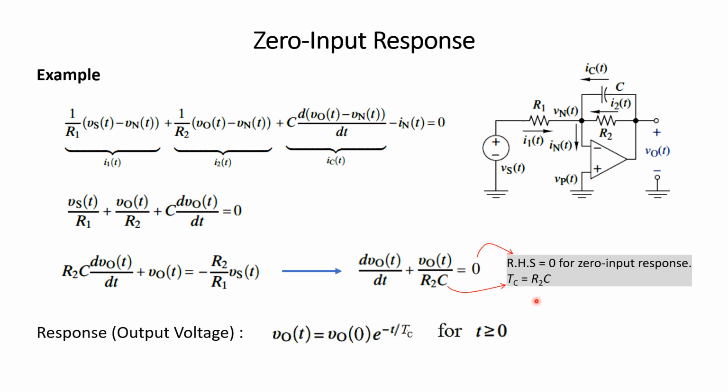The output voltage, we have derived this expression before, is the initial voltage multiplied by the exponential function raised to the power minus t over tc, for t greater than or equal to 0. Knowing tc and the initial value, we can sketch the response.